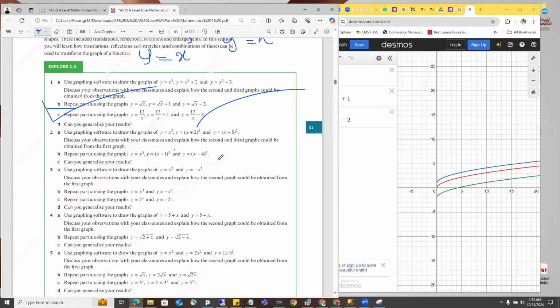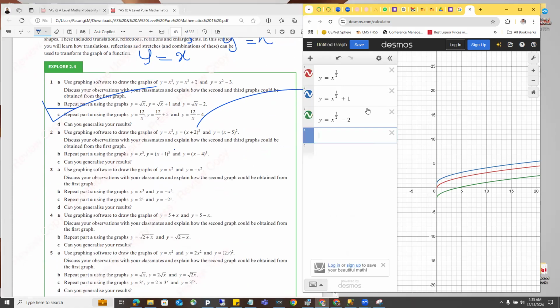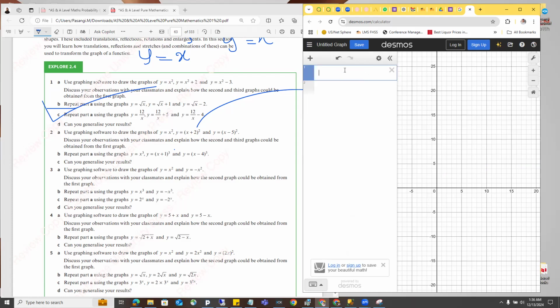Then we have the next one. Next one is y is equals to x squared. Okay, I'll close these ones, that's fine. The next one would be y is equals to x squared.